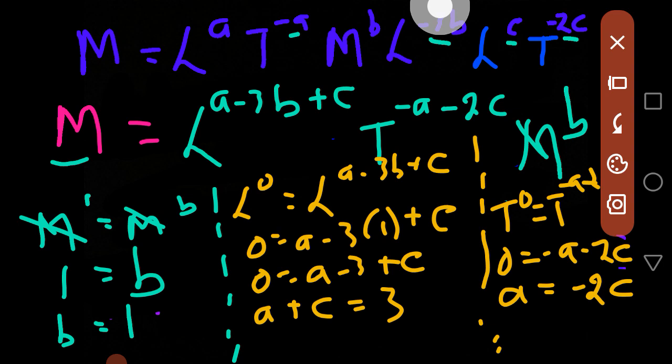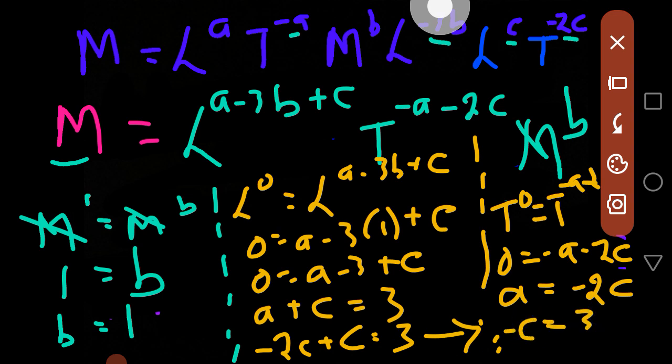Looks good. So I can get this positive A, and then replace it in this equation here. Replacing it is going to give me negative 2C plus C is equal to 3. If I bring this here, it's going to give me negative C is equal to 3. Therefore, I can conclude that my C is equal to negative 3.